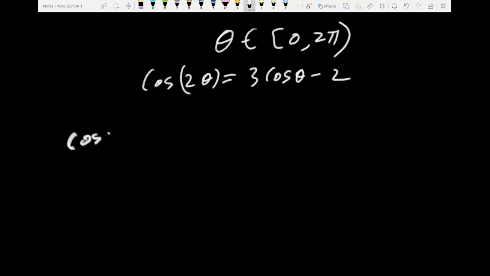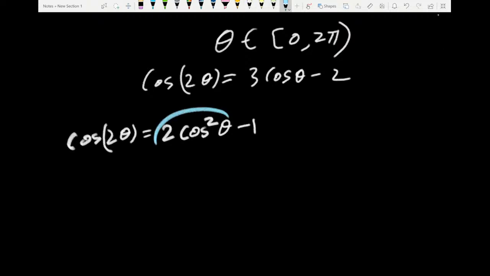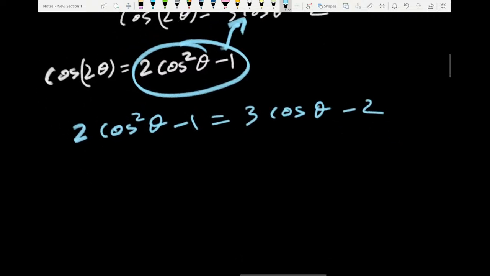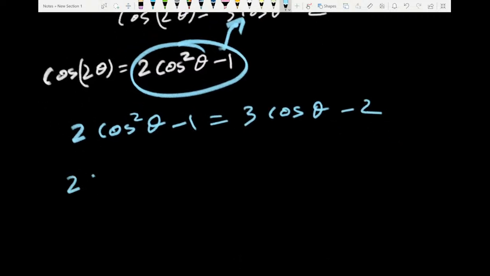It tells me cosine of 2 theta equals 2 cosine square of theta minus 1. So I'm going to set it equal to that. 2 cosine square of theta minus 1 equals 3 cosine of theta minus 2. And let me move everything to one side: 2 cosine square of theta minus 3 cosine of theta plus 1 equals 0.